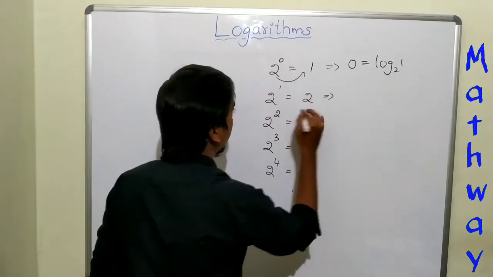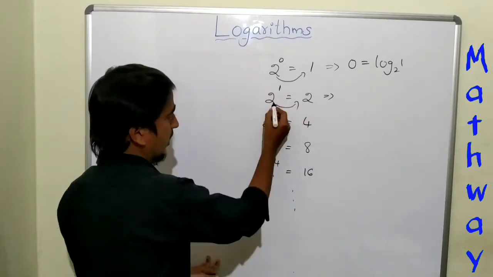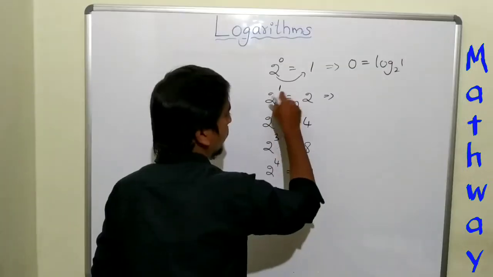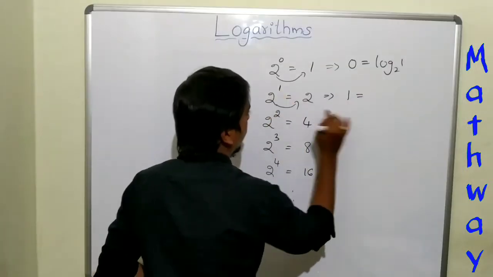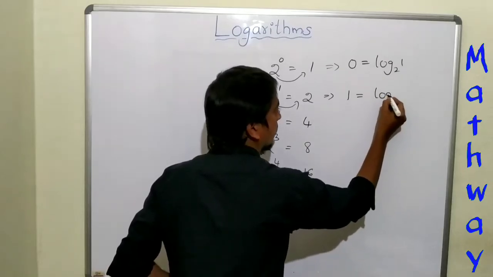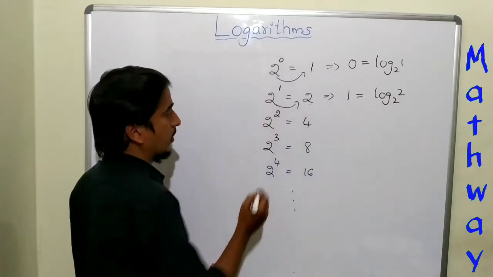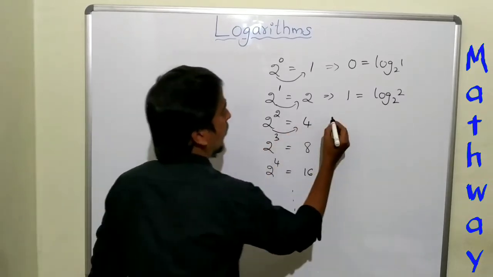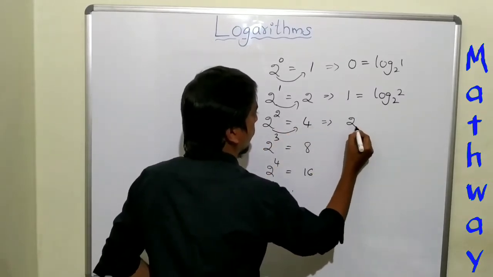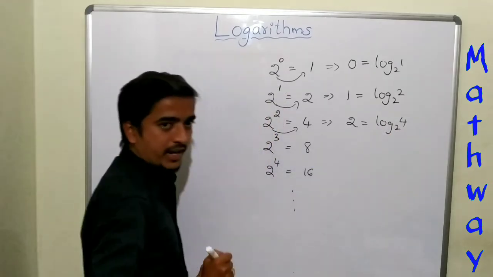Now look at the second one, 2 power 1. Now we can change this exponent and this base. Then exponent 1 equals log 2 base 2. Now the same way, transposing, we get 2 equals log 4 base 2.